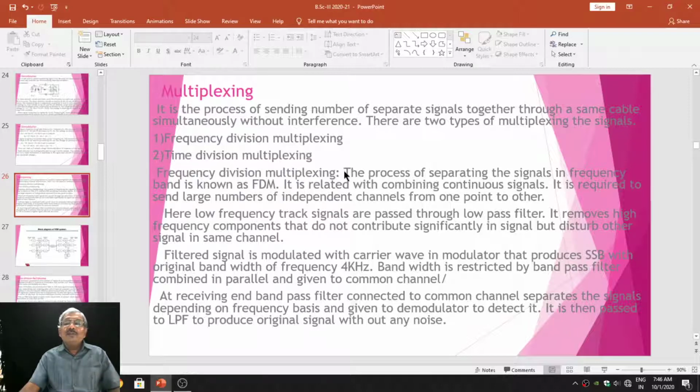Frequency division multiplexing is the process of separating the signal in frequency bands. That means it is a process of sending the separate signals through the same frequency bandwidth. Means within the allotted frequency bandwidth, all the separate signals are transmitted.